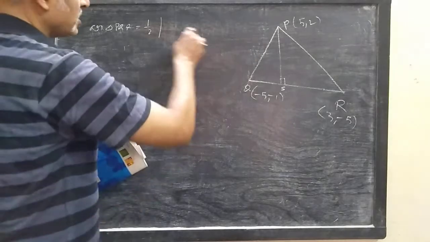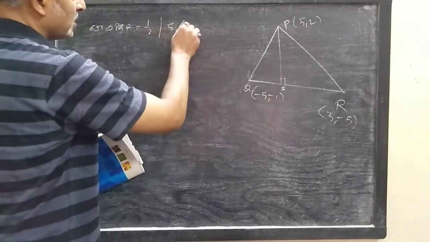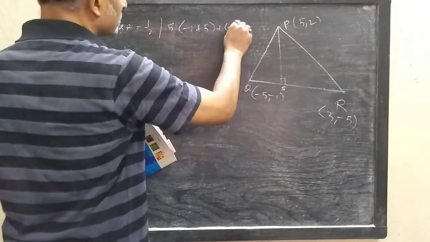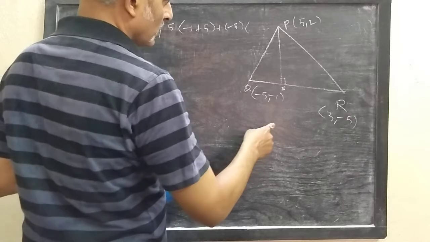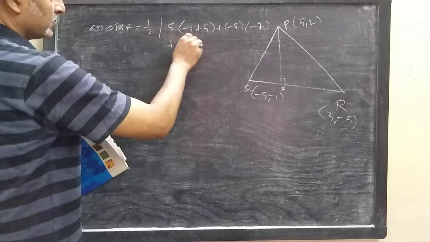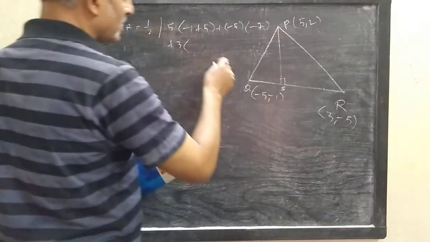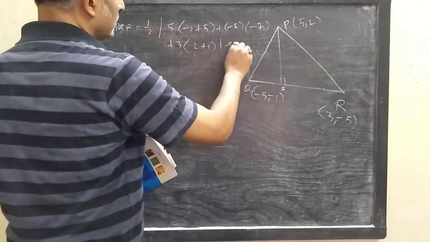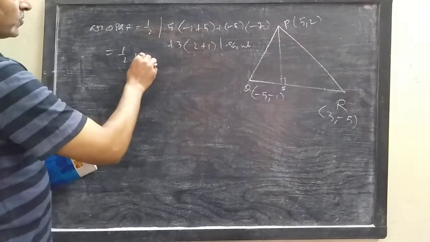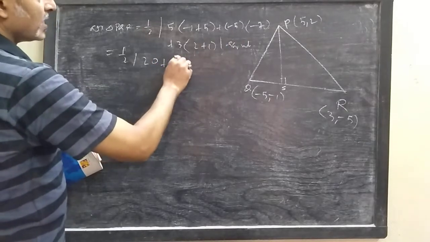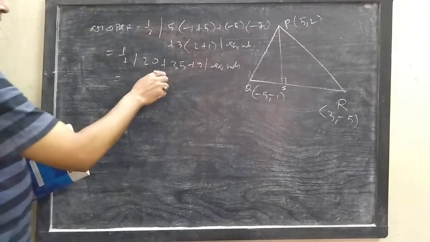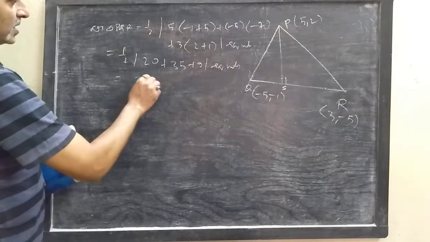Half mod, x1 is 5, x1 into (y2 minus y3), that is -1 plus 5, plus x2 into (y3 minus y1), so this will be -7, plus x3 into (y1 minus y2), 2 minus -1, 2 plus 1, square units. 5 times 4 is 20, plus 35, plus 9, that is 64, so 32 square units.